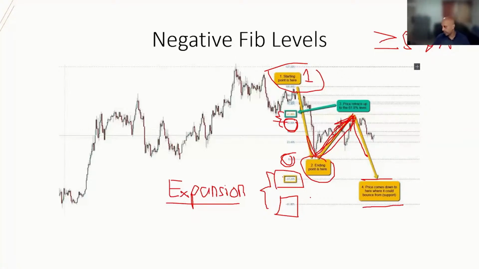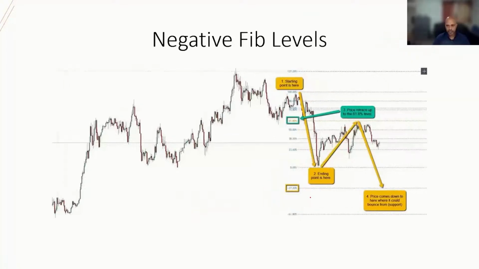Now, in this example, we can see clearly that price has retraced to 50 and has even reached 61.8%, and has now started to reverse and drop lower. So how can we use these expansion levels? As price starts to drop lower, we can use the 0% as a potential take profit level.